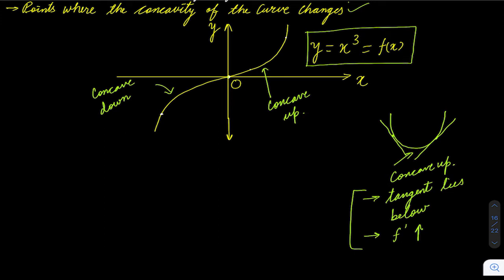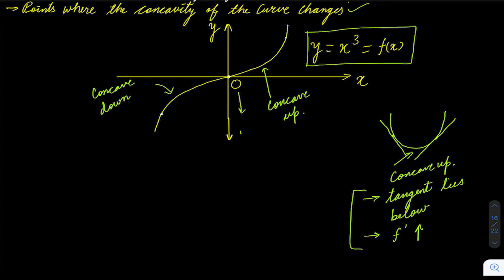And similarly, what is concave down graph? Concave down graph is a graph where tangent lies above the curve. Or you can say my gradient is decreasing. Okay. So now you understand what is concave up, concave down. Now you can see at origin, the left side is concave downwards, the right side is concave up. So you can say the concavity of the graph changes.